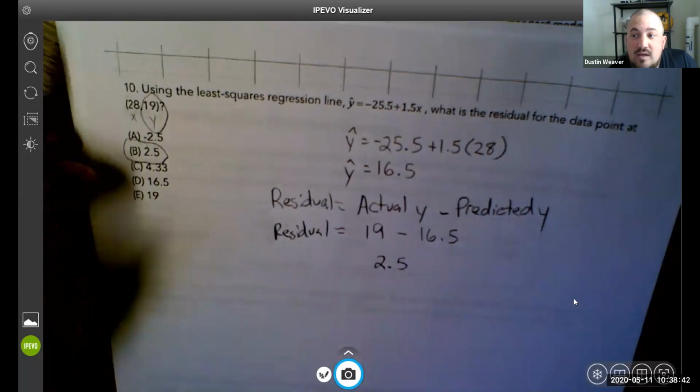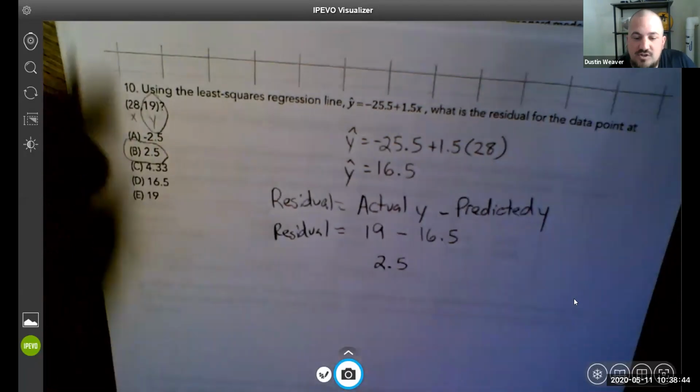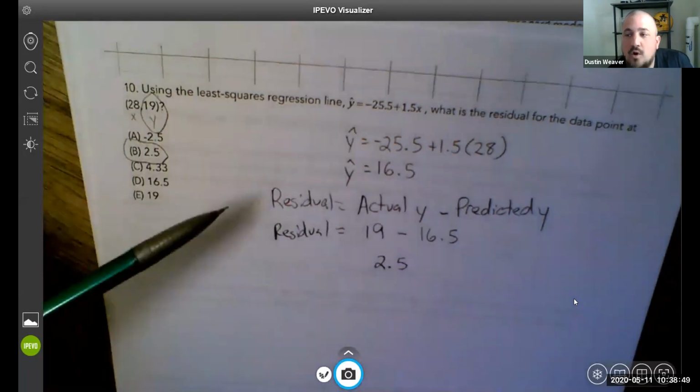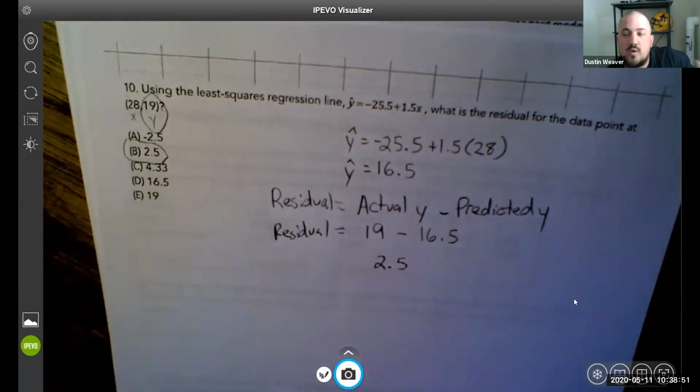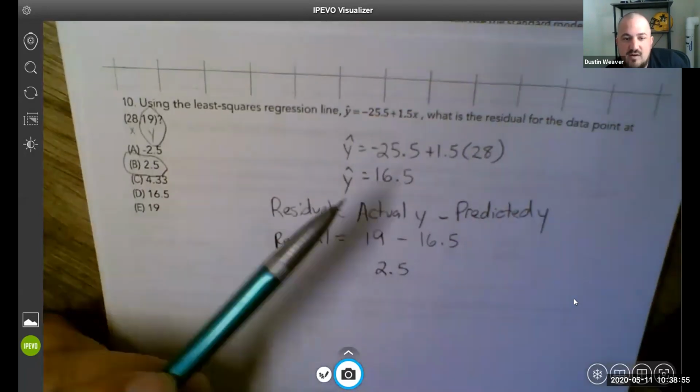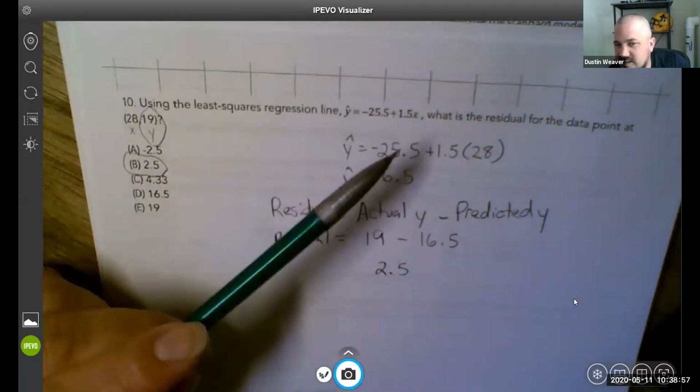I would say as part of a free response question on the exam, this would be a great part of like a 5-part question, would be to just ask what's the residual, and you have to calculate it, right? Because you don't really need the calculator.